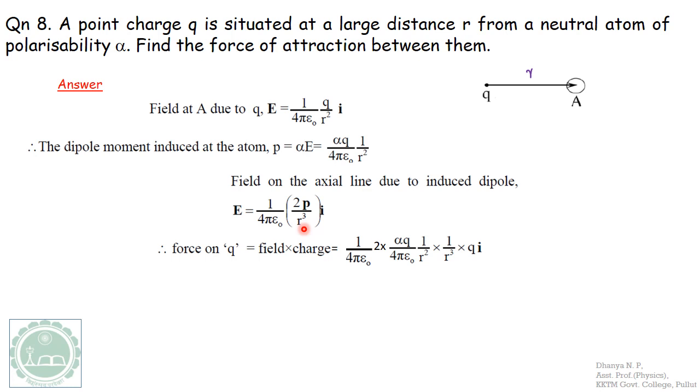Already 1 by r cube is there, 1 by r cube into charge Q into i. We will get 2 alpha Q by 4 pi epsilon 0 all square, 1 by r raised to 5 i. This is the force of attraction between a point charge and a neutral atom of polarizability alpha.